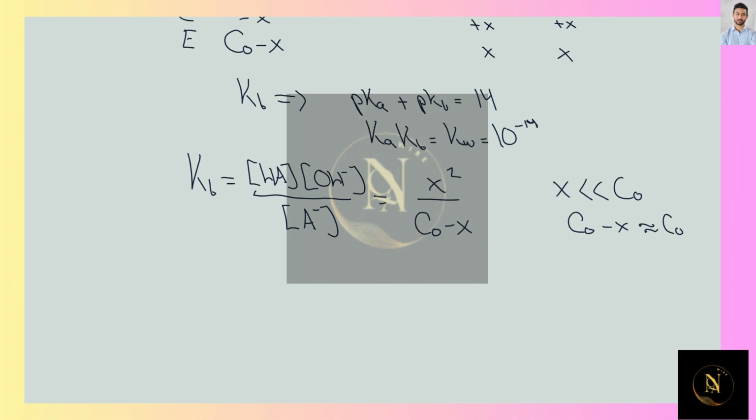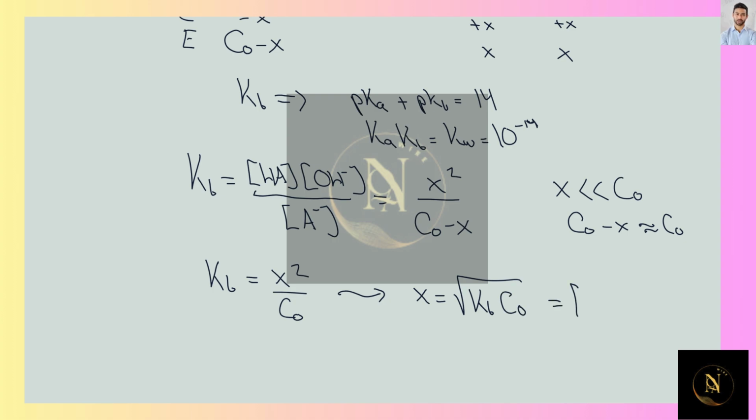So the concentration of OH minus, or the value of x, can be found directly using Kb. So Kb is equal to x squared divided by C0. Thus, the value for x is equal to the square root of Kb times C0. And what does this x represent?